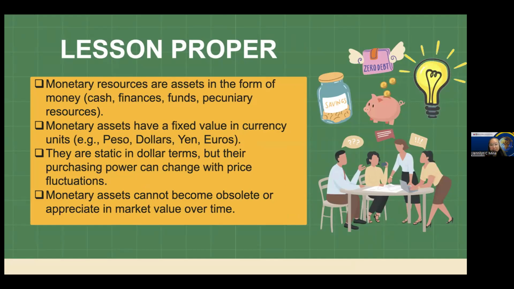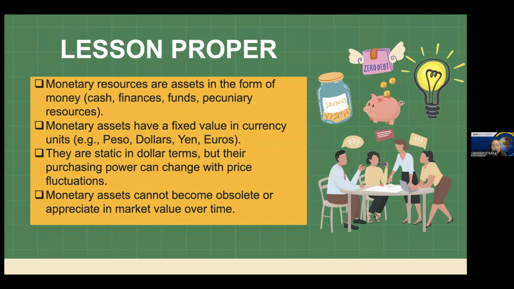Monetary resources are assets that are in the form of money or have a fixed value in currency, such as cash, savings in the bank, or funds that are available for spending. These assets do not change in value over time, but you can lose purchasing power when the price of goods and services increases. That is what we call inflation.